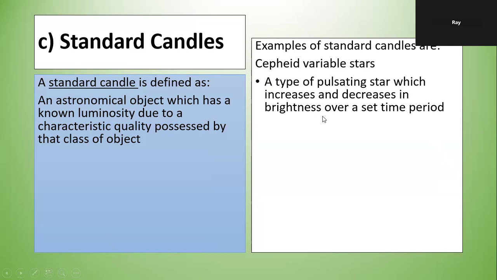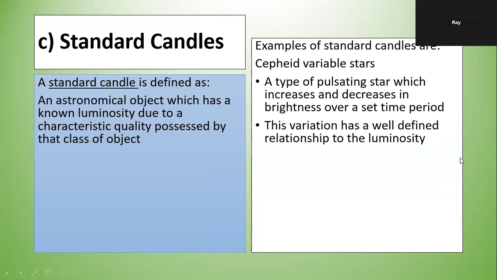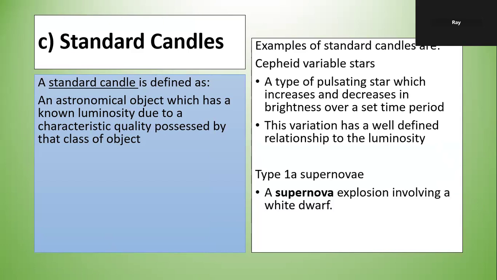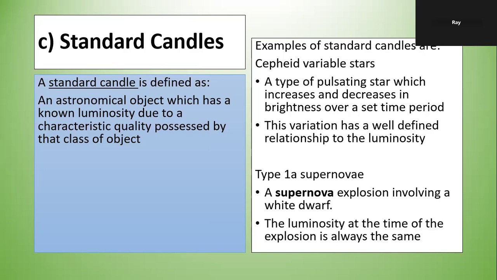Brightness usually means intensity. Radiation has a well-defined relationship to luminosity. Type Ia supernova: an explosion involving a white dwarf. Luminosity at the time of explosion is always the same.